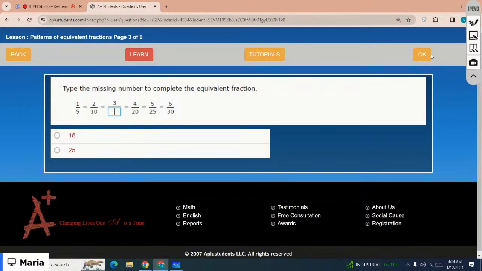That means you need to multiply the fraction by 3, right? 3 times 1 is 3 and 3 times 5 is 15. So the correct option is 15.